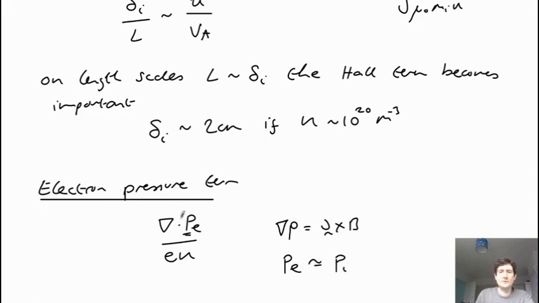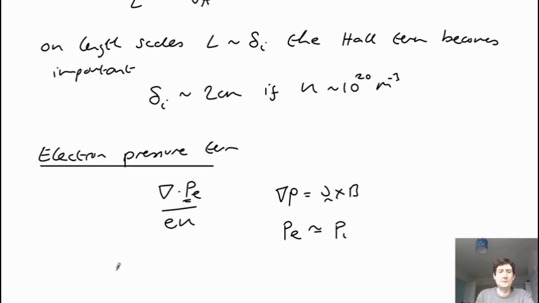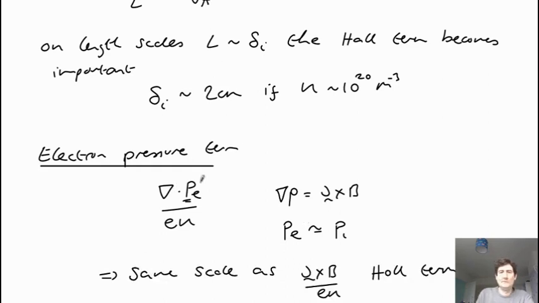And so the gradient of the electron pressure must have a similar order of magnitude to the J cross B term we just looked at. Therefore this term has essentially the same scaling as the J cross B term. So if one of these is kept, the other one should be too, because from force balance they're both at the same order.